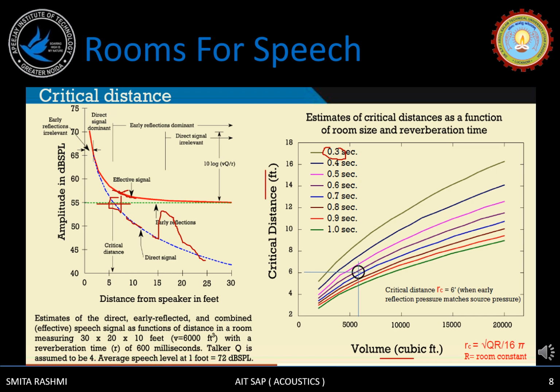In the slide, the vertical axis is the critical distance and the horizontal axis is the volume of the room. So by considering the RT which is desired in a particular room, we can get the critical distance from this chart.